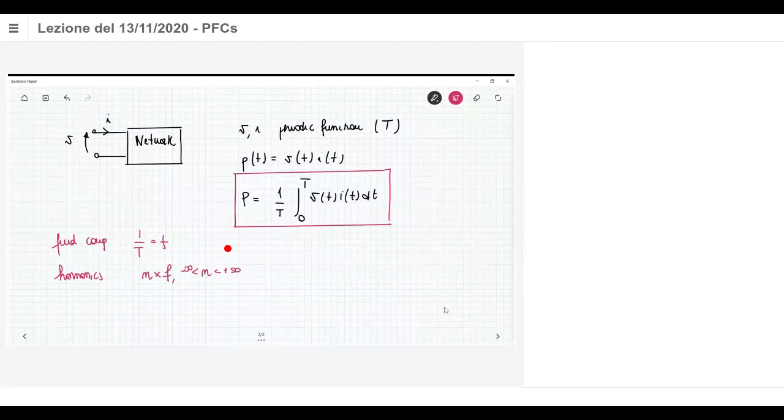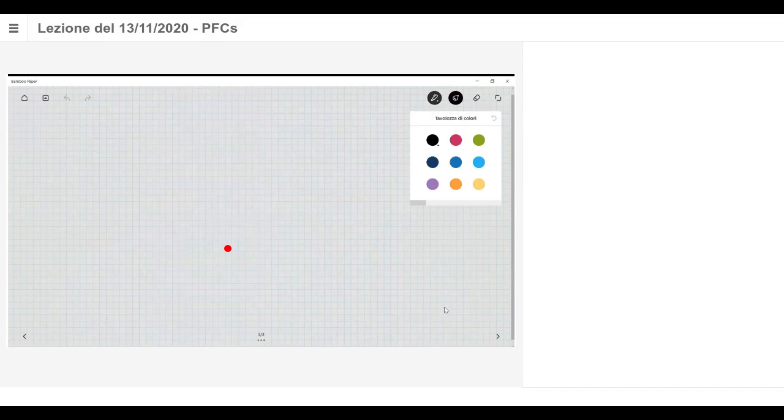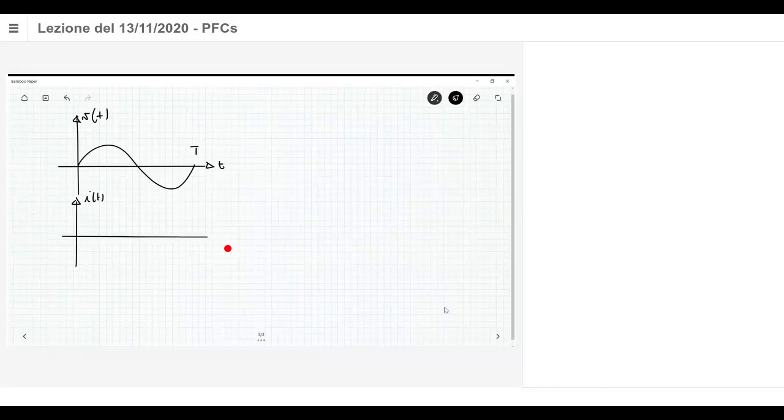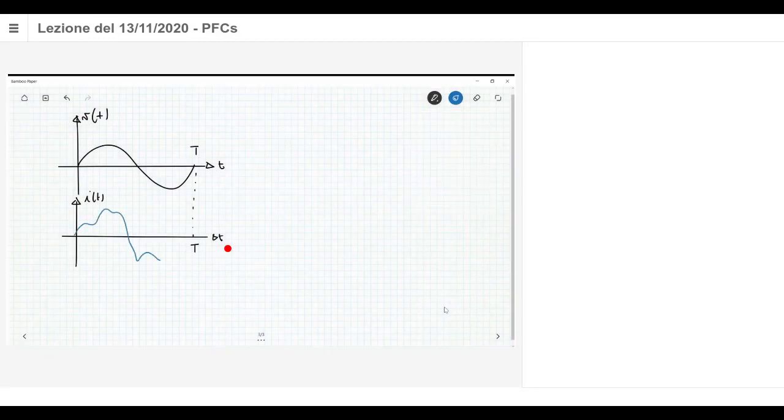So suppose now, just for the example, that the voltage V in that network is a sine wave, for example this one. The period is T. While the current is not a sine wave, it is again a periodic variable, but something different.